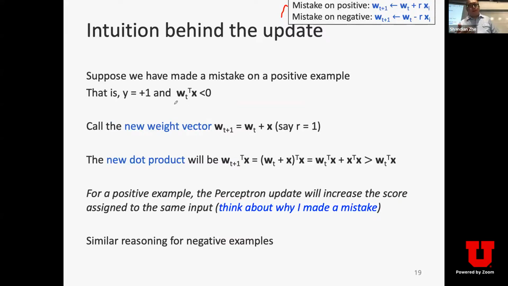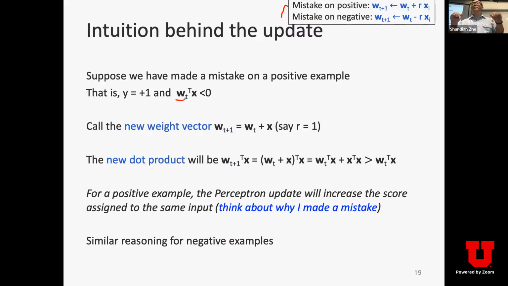So the reason we make a mistake is that our score is too small, such that it is below 0. If we want to correct this mistake, how can we do that? We should change our model parameters such that the new classification score gets increased, and in the best case will be bigger than 0. Then we can fully correct our mistake.